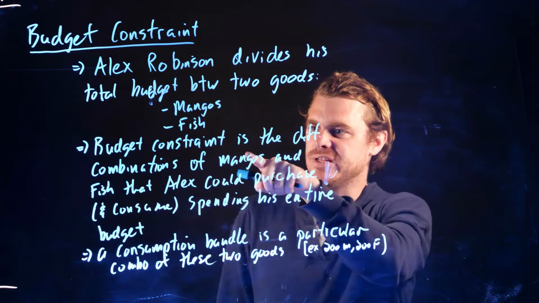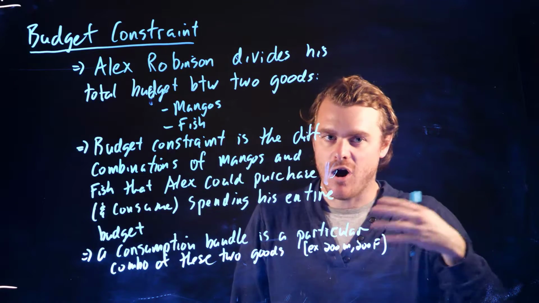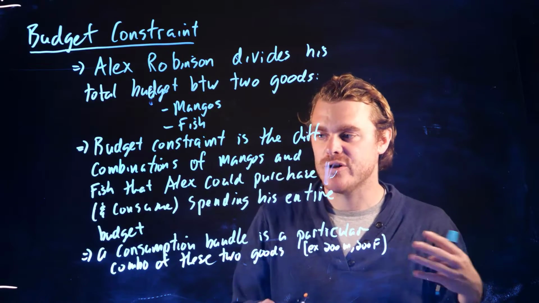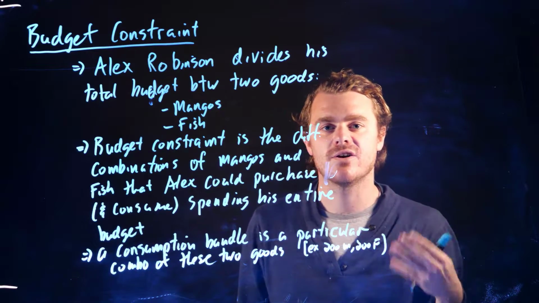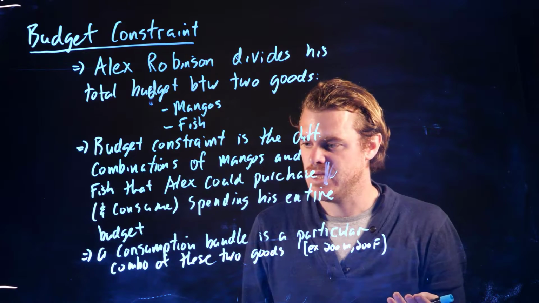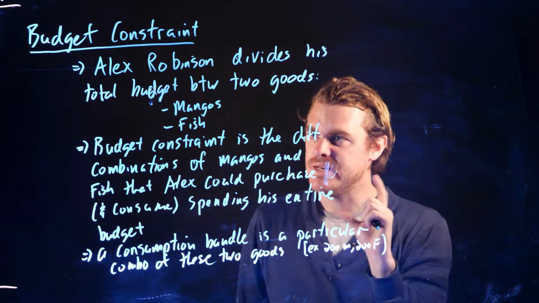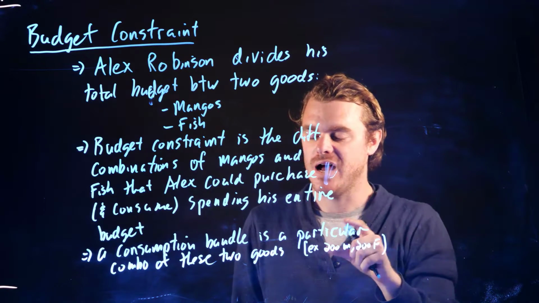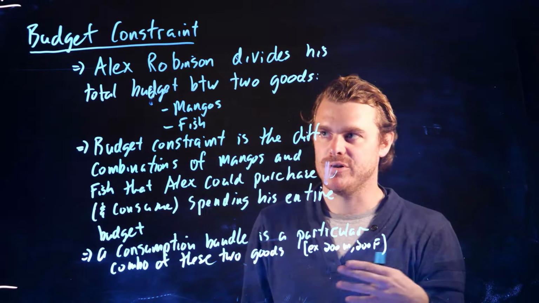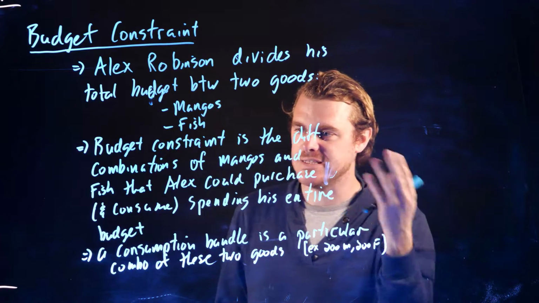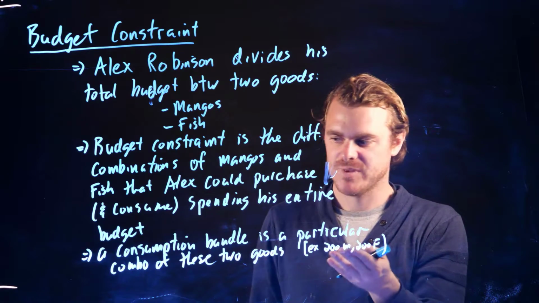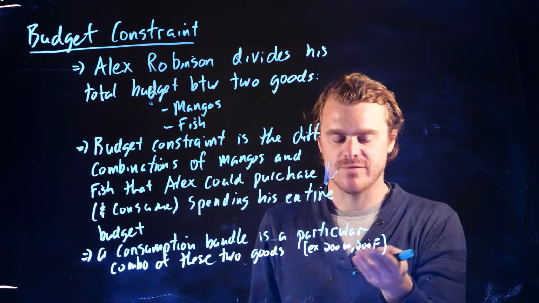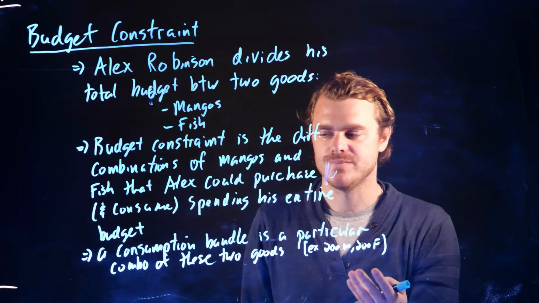This budget line is going to be all the different combinations of mangoes and fish that this consumer could afford when they're spending their entire budget. And we're going to call a particular combination of these fish and mangoes a consumption bundle. So for example, if Alex, given his budget and the prices of these two goods, chose to purchase 200 mangoes and 200 fish, that's a consumption bundle.